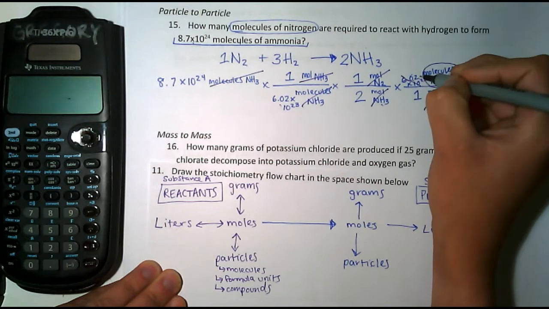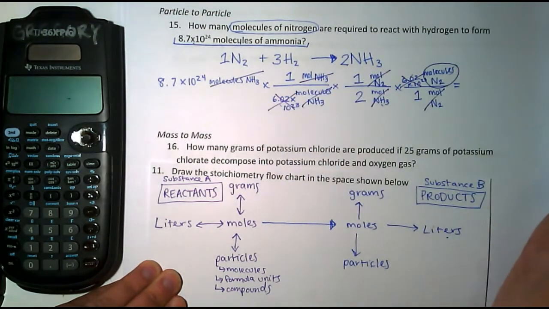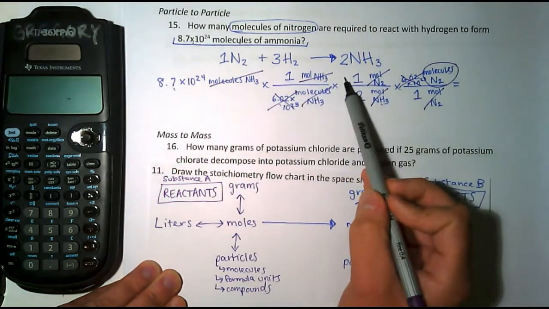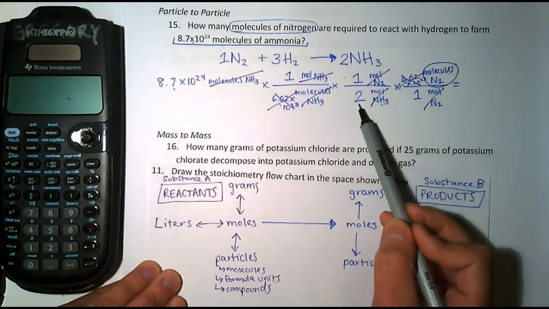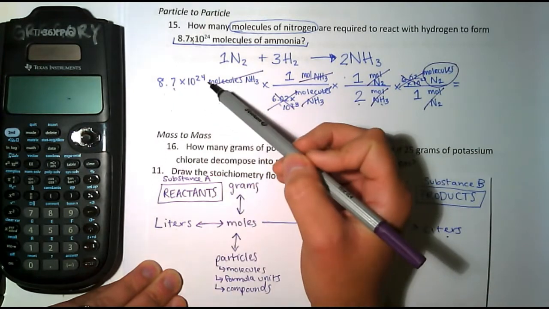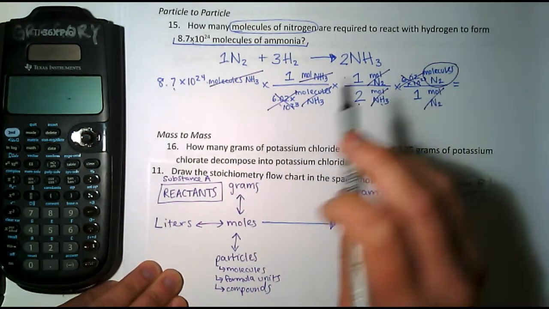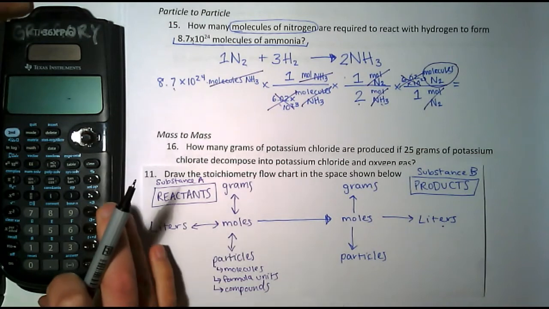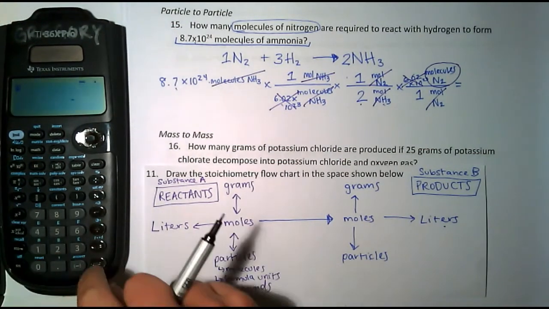So the 6.02 times 10 to the 23rd, cancel those out. So we're left with this times 1 divided by 2. So I just need to do 8.7 times 10 to the 24th divided by 2 to get my final answer. And in this case, you might want a calculator, so I'll show you how to type that in.